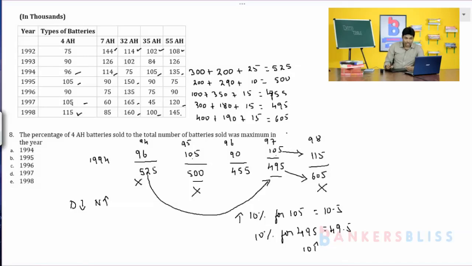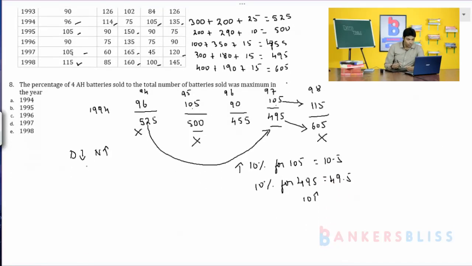So now we have only two values, those two values are 90 by 455 and 105 by 495. So again, how much is it increased? 15. 10% of 90 is 9, but 15 is increased, means more than 10% it is increased.